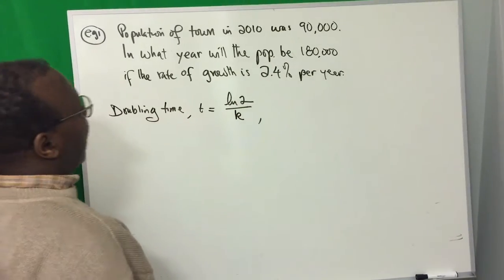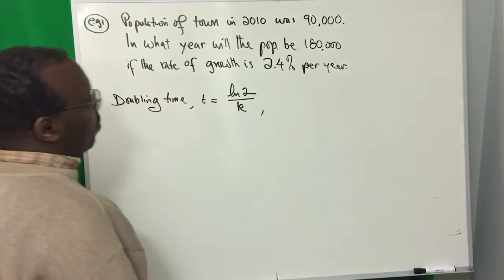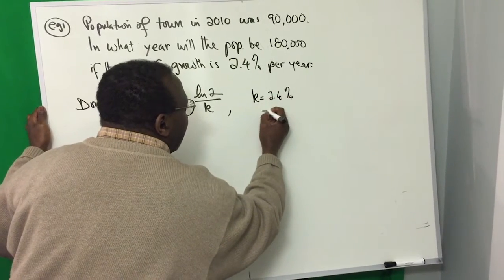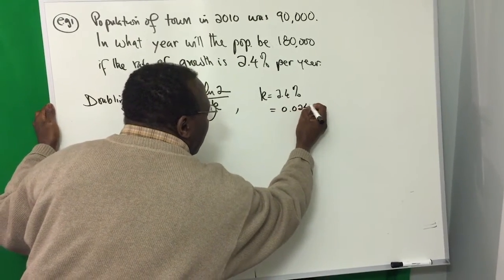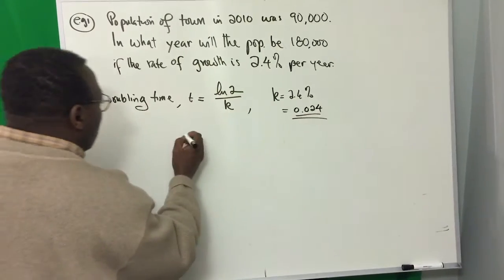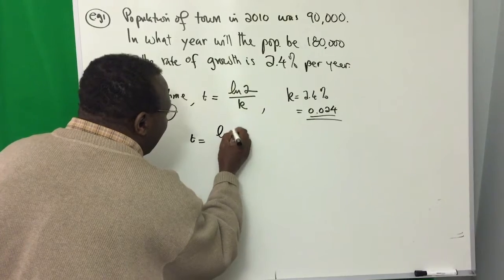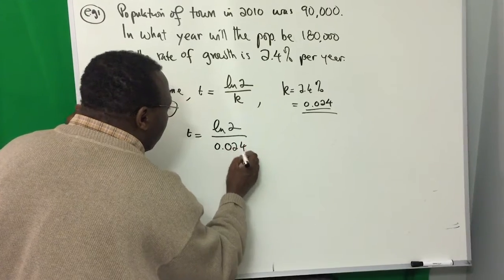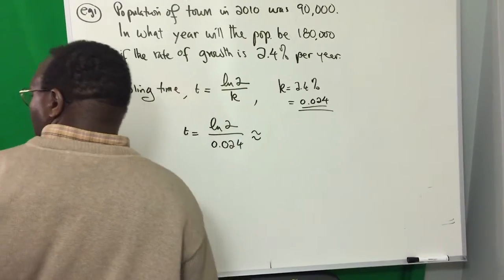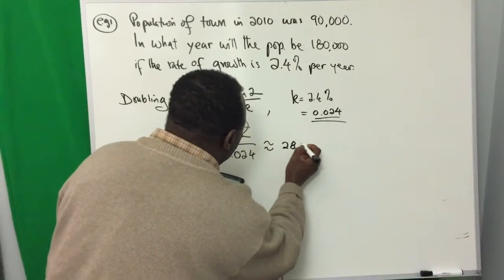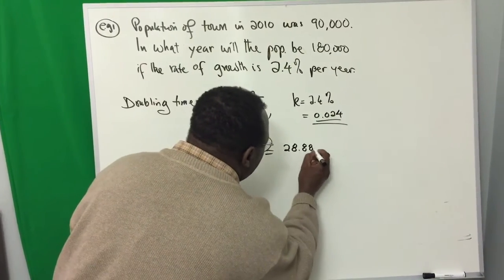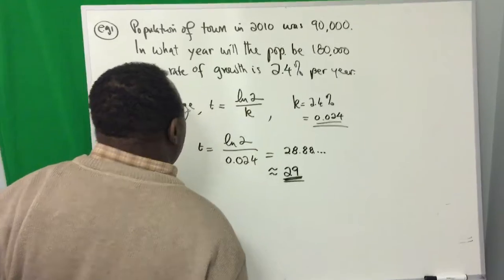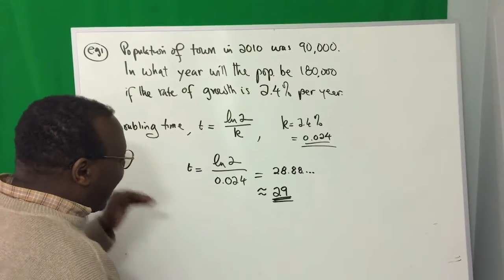In this case, k is the growth rate, which happens to be 2.4%. This is 0.024. That's k. So t is equal to ln 2 over 0.024. And this is equal to 28.8. Now we can round this to the nearest whole number. So this means that doubling time is 29 years.